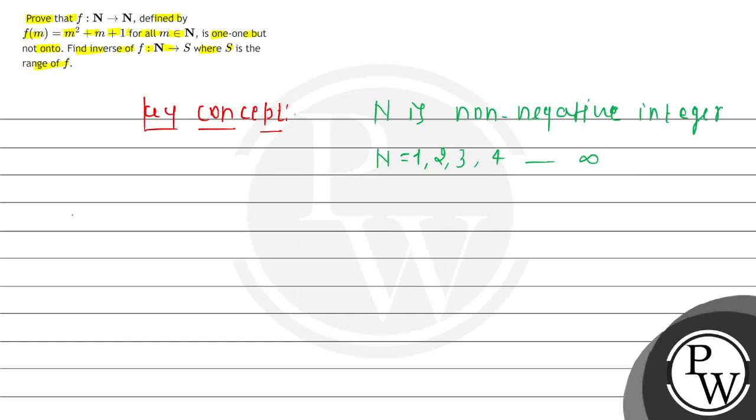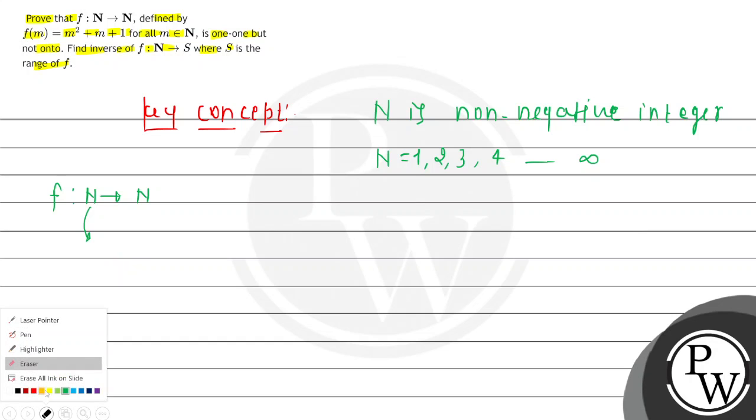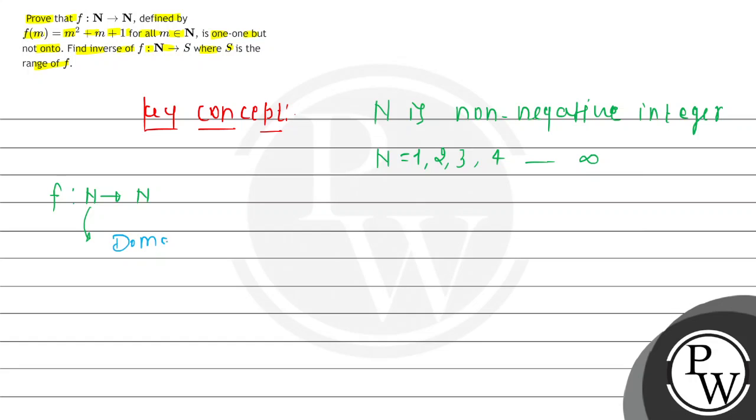So we can say the domain of the function is given, and this represents the domain of the function, and this represents the codomain of the function.